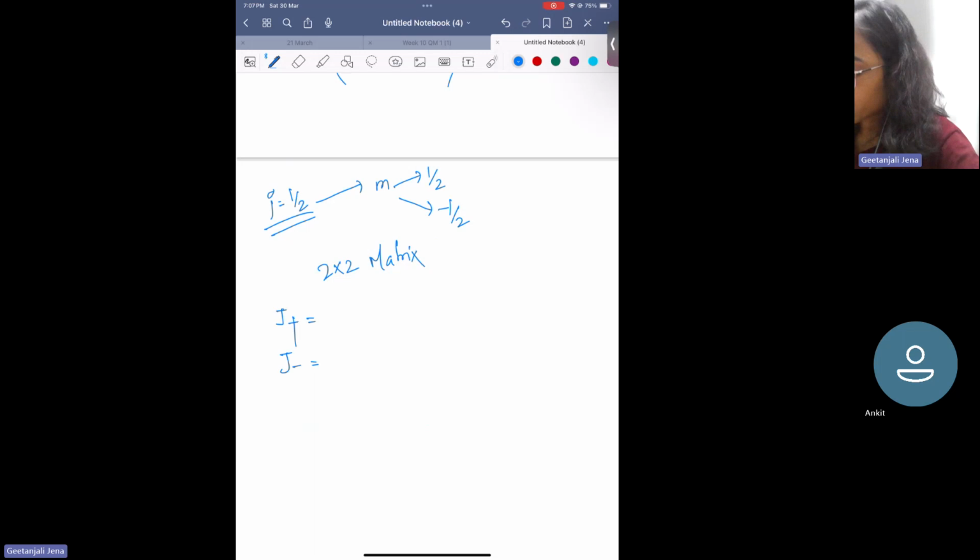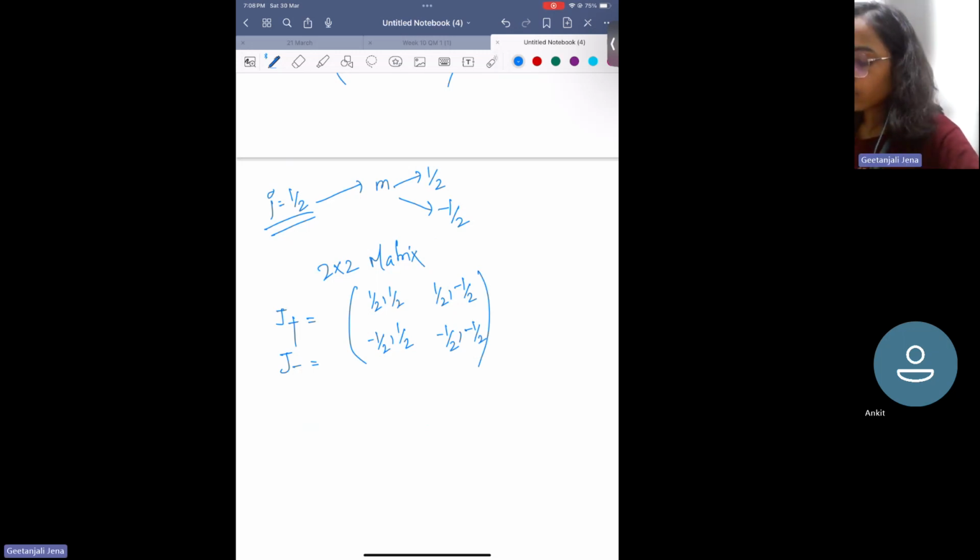Here for j plus, the different combinations you can take are: m is half, m prime is also half; m is half, m prime is minus half; then m is minus half, m prime is half; and both m and m prime are minus half.